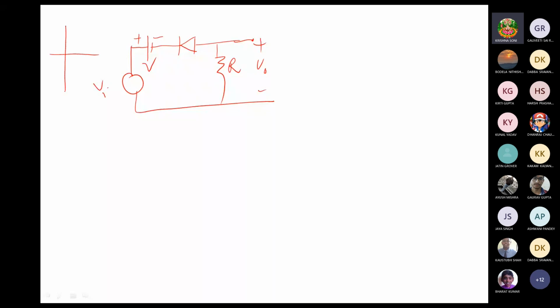Suppose some input voltage Vi is applied here, which has some peak value Vm. In such a case, we have to look at this potential source V, which we are applying here, should not exceed the peak value of the input voltage.